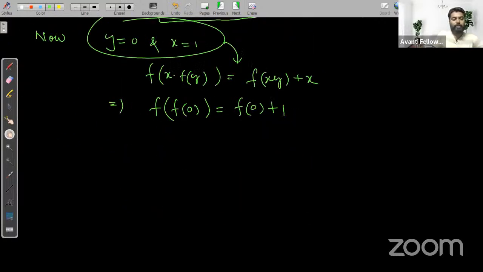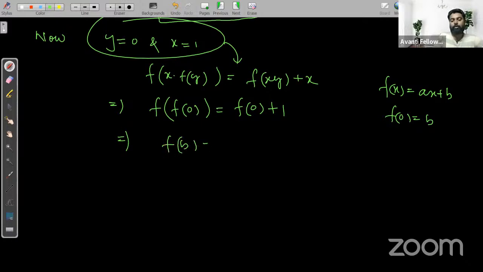Let's see. For f of x we have taken ax plus b, so f of 0 will be b. So f of b is equal to f of 0 plus 1, that is f of b is equal to b plus 1.